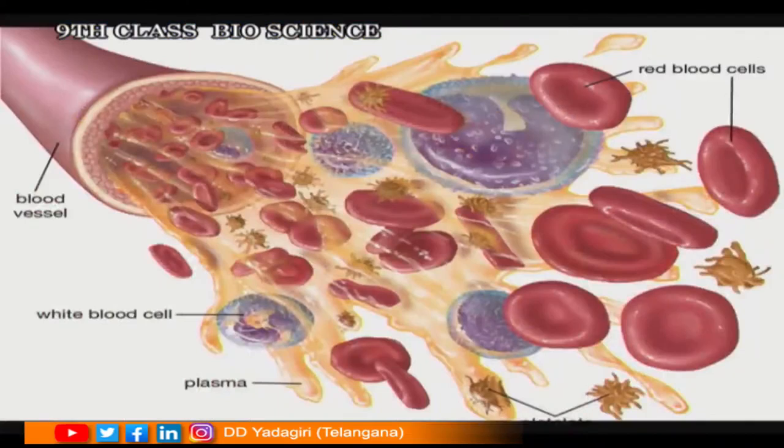Observe this: the red blood cells, white blood cells and the blood platelets, all floating in the plasma. What is plasma? I told you 70% of water is plasma. So when the blood vessel ruptures, what are all the things coming out, children? Red blood cells, white blood cells, plasma and the blood platelets.